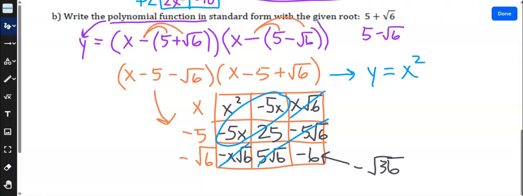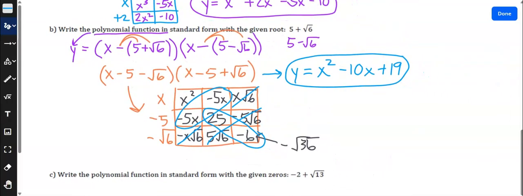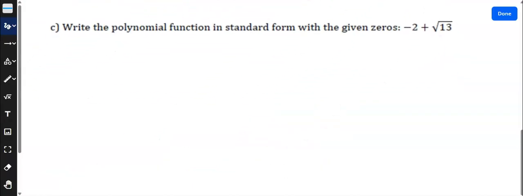Then these two can get added together, right? That's minus 10x. These two are like terms and can get added together. 25 minus 6 is 19. That is the answer to this question. Kind of ugly, but that's what it is. Okay, we need to practice with that.